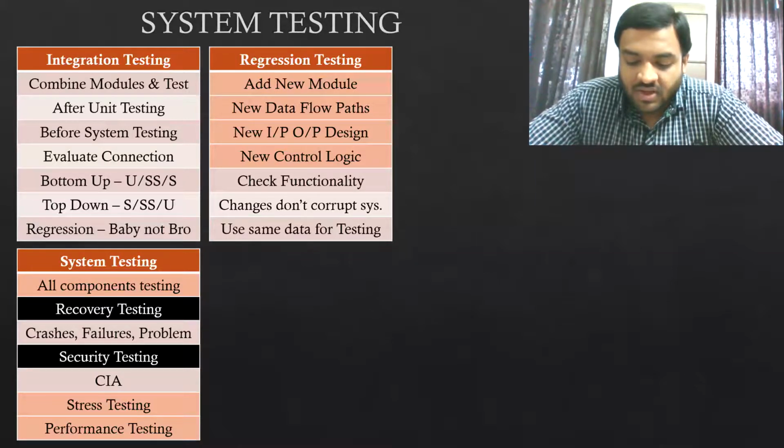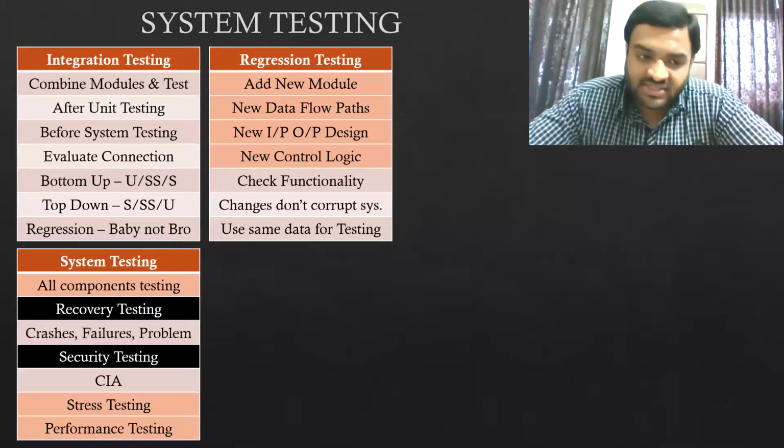Confidentiality. And if the person can change the data, integrity. And if I am not able to access the data, availability. So we will see whether the CIA of data is being maintained or not in security testing.